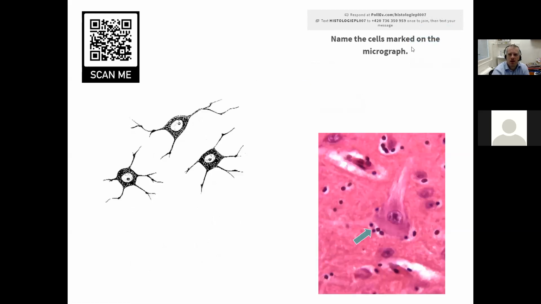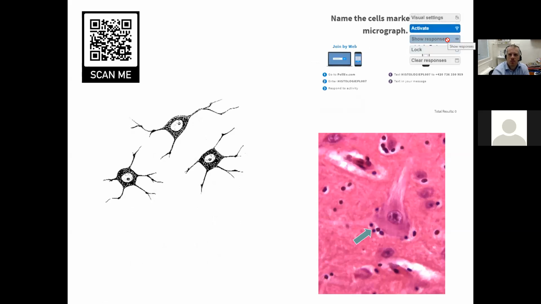So I'm glad you know this. Okay, another task. Now we focus on these cells with somehow darker cell nucleus, with a compact round-shaped nucleus. Again, you have the sketch, a drawing of these cells, even with the processes, right?